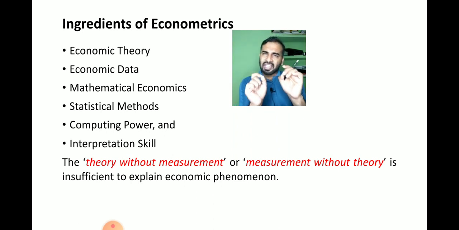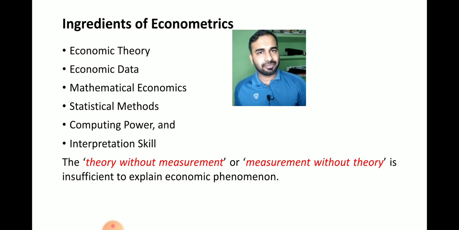We can do only simple regression techniques using pen and paper. If we have 4 or 5 economic variables in our regression model, then pen and paper will not help us. For that, we need computing software. So computing power is one of the crucial ingredients of econometrics nowadays.